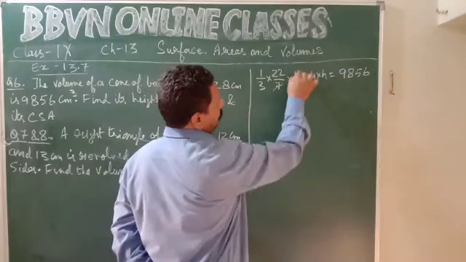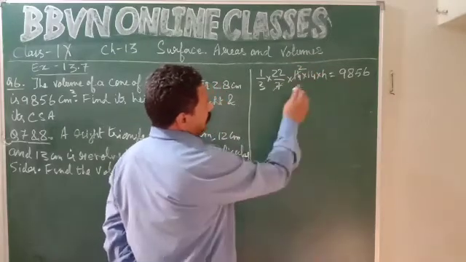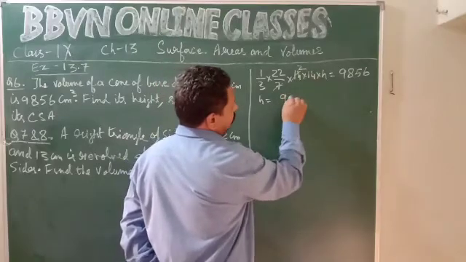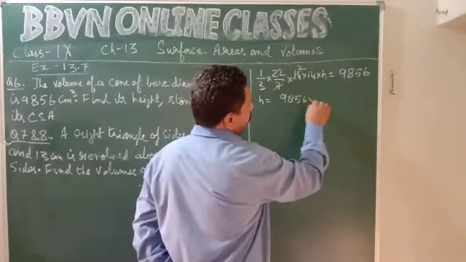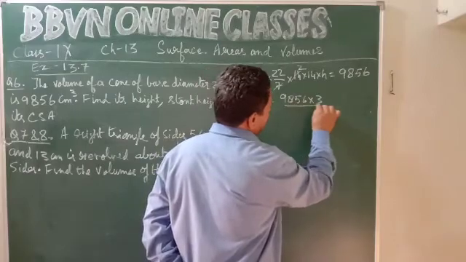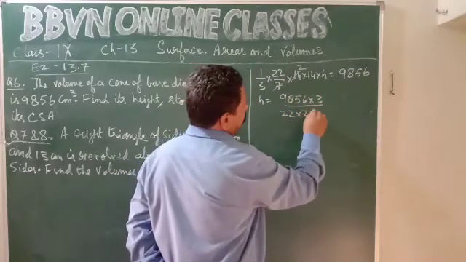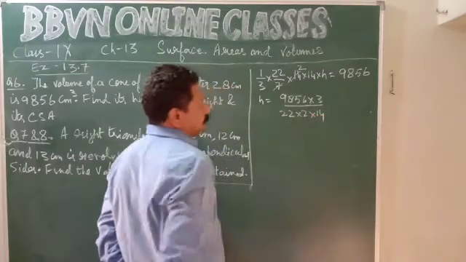Now 7 goes 2 times. I need h, so h is equal to 3 goes in the numerator, 9856 multiplied by 3 upon 22 into 2 into 14.